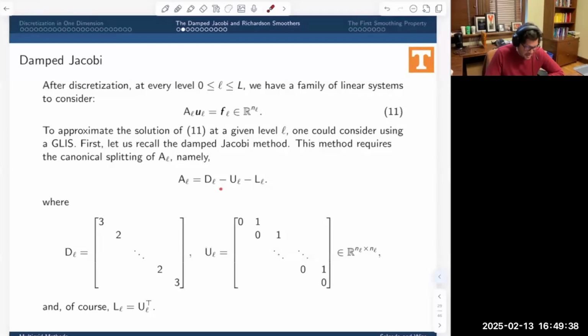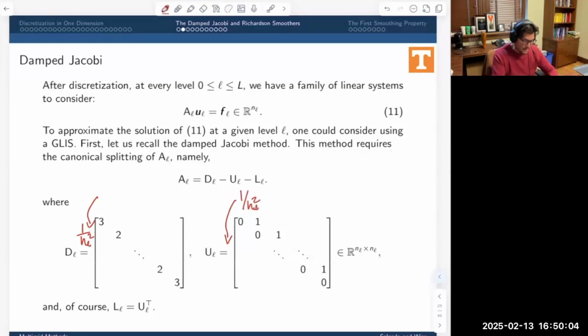What about minus the upper triangular matrix? Well, for our stiffness matrix, oh, I have a typo here. What is the typo? So for A_L, right, it's 1 over h_L squared times these things. So I need to put in here 1 over h_L squared and 1 over h_L squared.